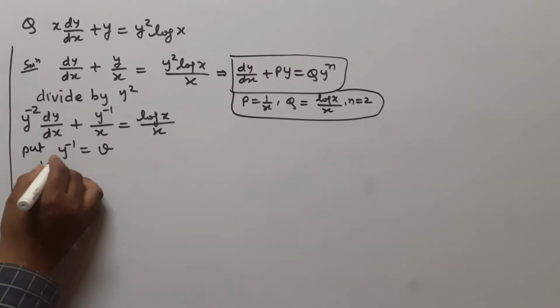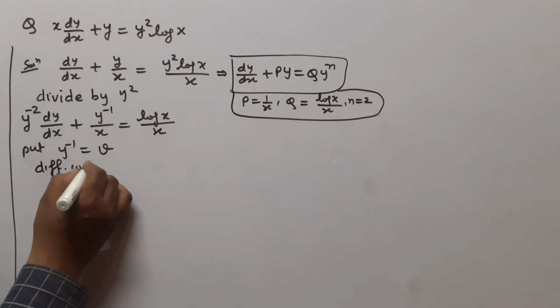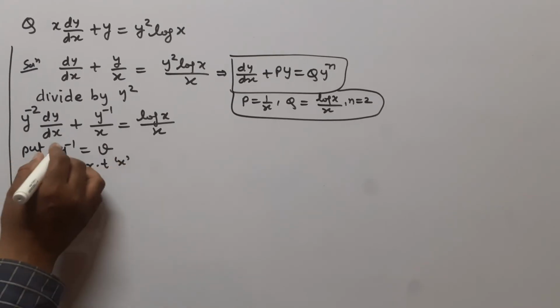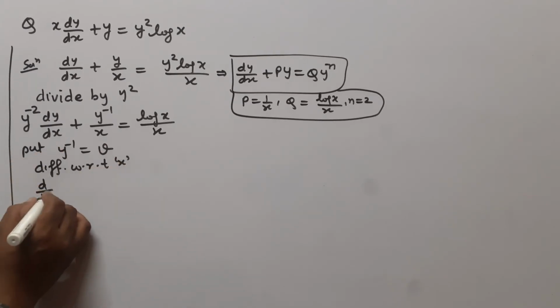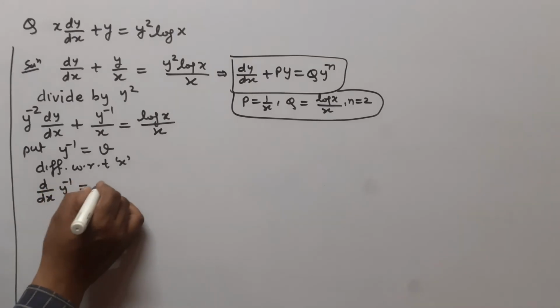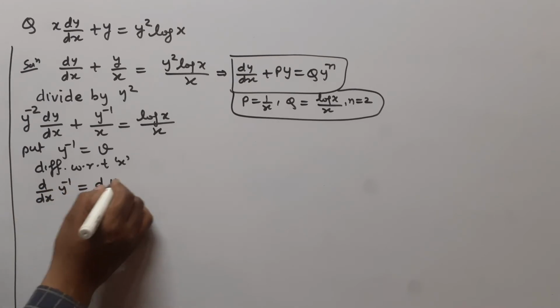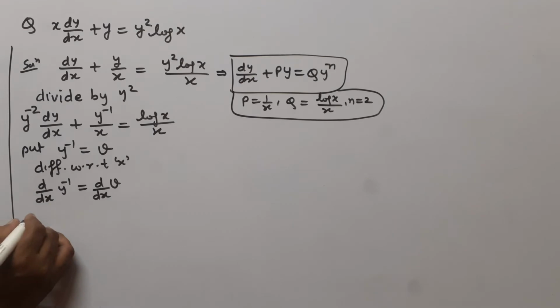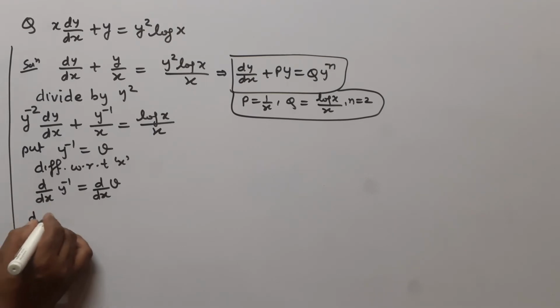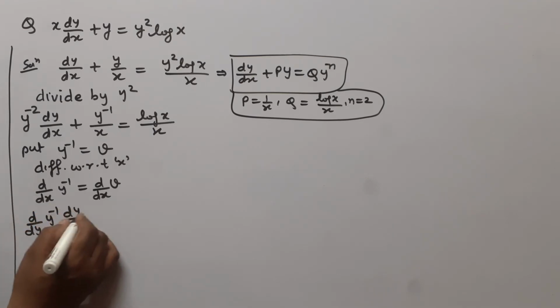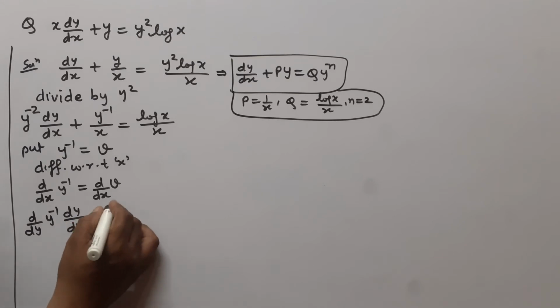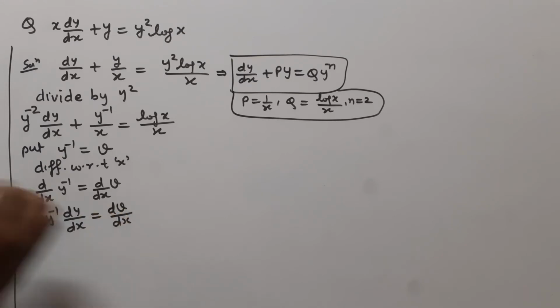Now we differentiate with respect to x. So we get here d by dx of y to the power minus 1 is equal to d by dx of v. This can also be written as d by dy of y to the power minus 1 multiplied by dy by dx is equal to dv upon dx.